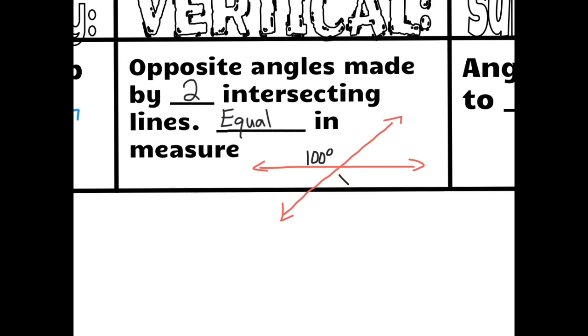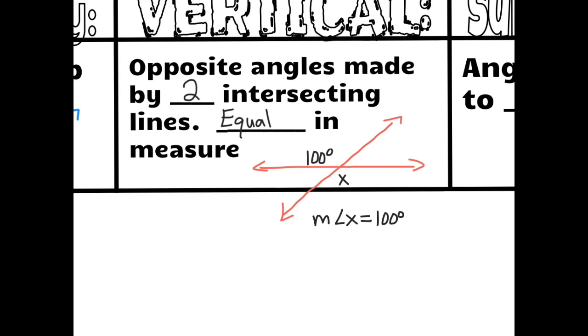And we want to figure out what's the measure of angle X. Since this angle that's 100 degrees is a vertical angle because they are opposite of each other, they are equal in measure, it means that the measure of angle X is also equal to 100 degrees.